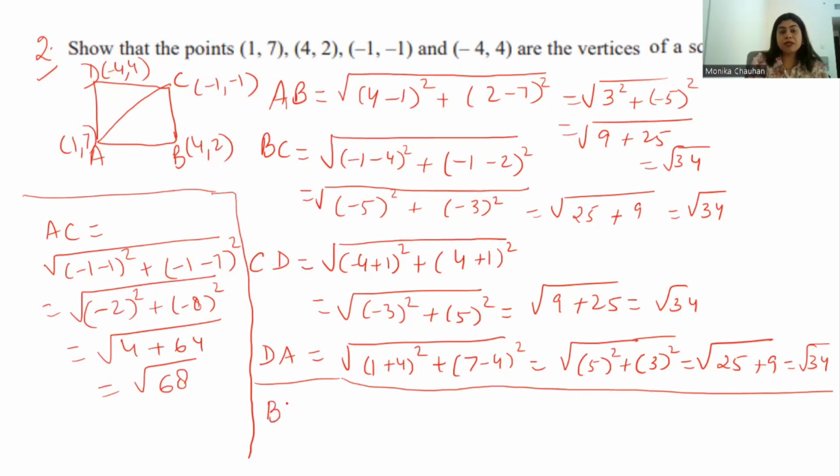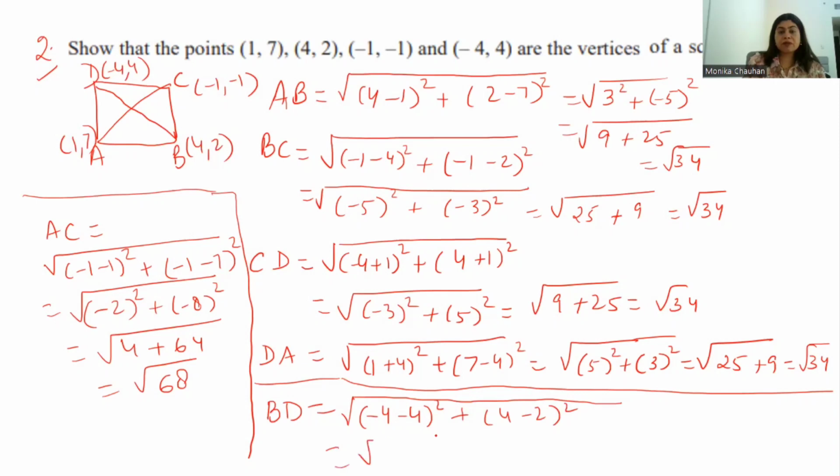So BD: B is my x1, y1 and D is my x2, y2. So square root of x2 minus x1, which is minus 4 minus 4, plus y2 minus y1, which is 4 minus 2.